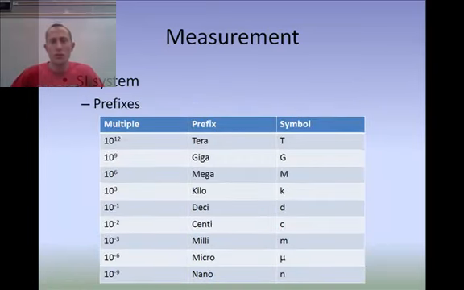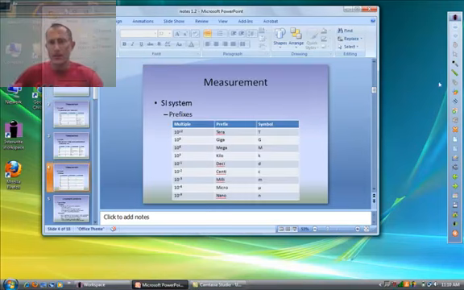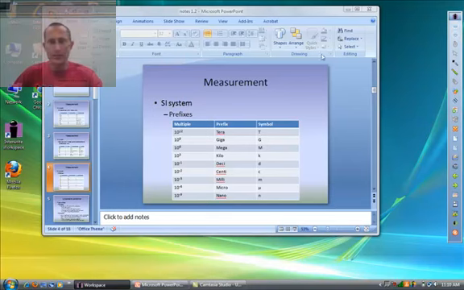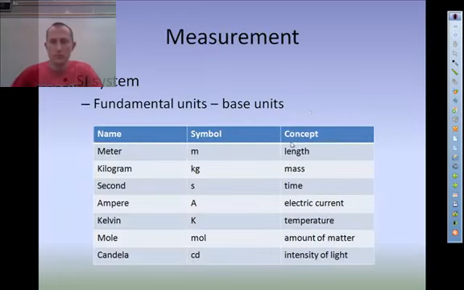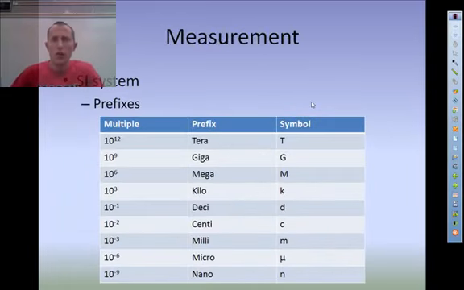Along with these units, we're going to see prefixes.